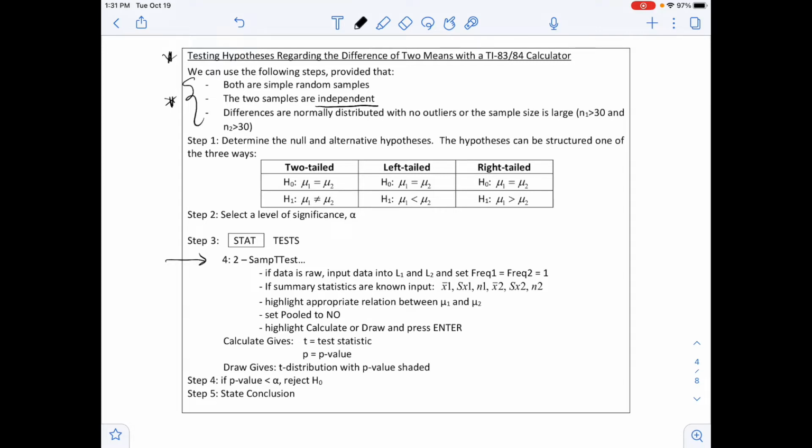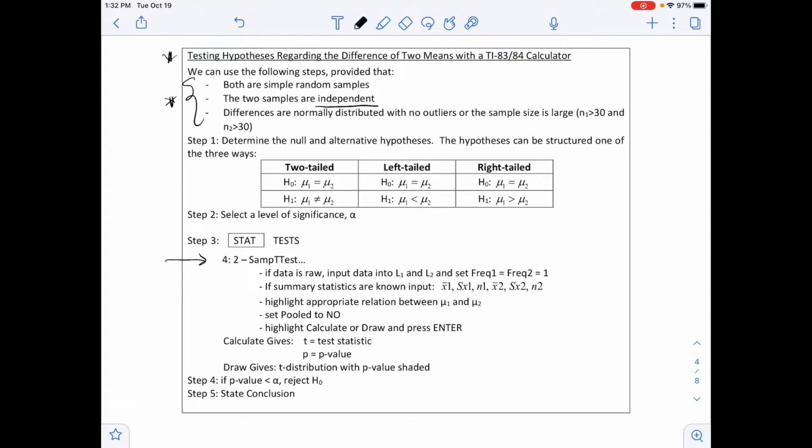If the data is raw, input your data into L1 and L2, set frequency 1 equal to frequency 2 equal to 1. And if summary statistics are known, make sure to input the mean, standard deviation, and sample size for each of those samples. Next, you need to highlight the appropriate relationship between mu1 and mu2.